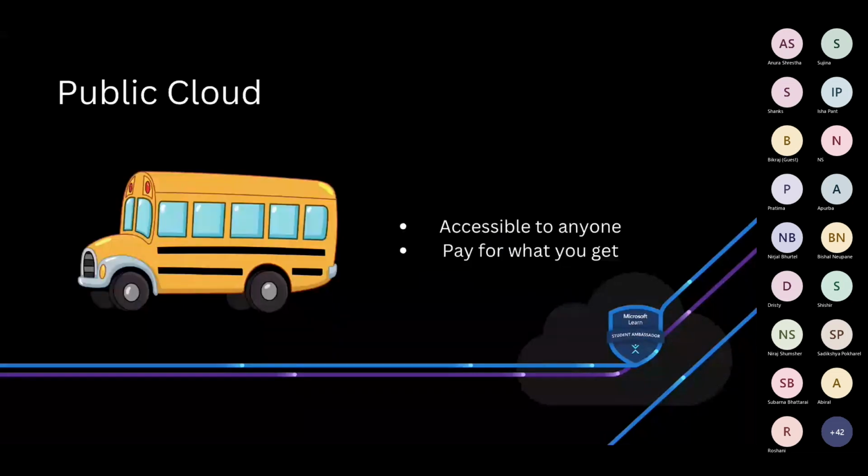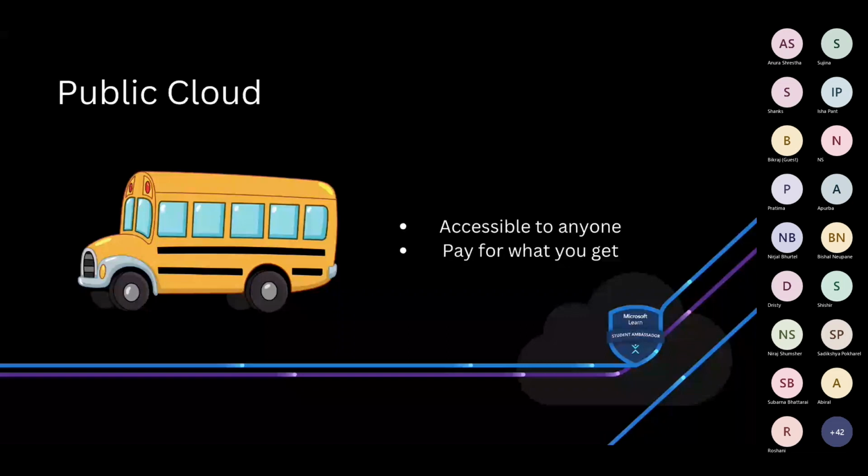So what happens in a bus? You pay for your seat, right? So let's not take the example of buses in Nepal, because you don't get a seat so often. However, in a bus, there is a general rule that it is accessible to anyone, and you pay for how many seats you take, right? So that is what a public cloud looks like.